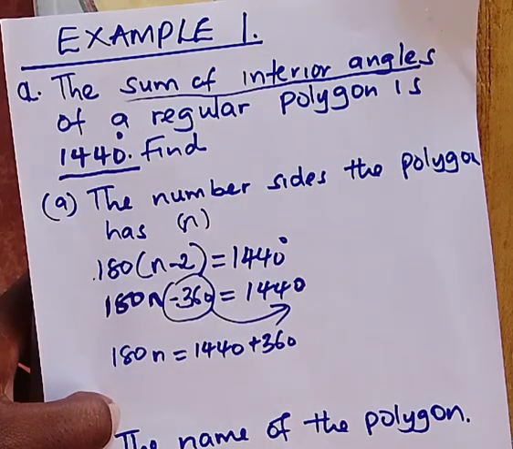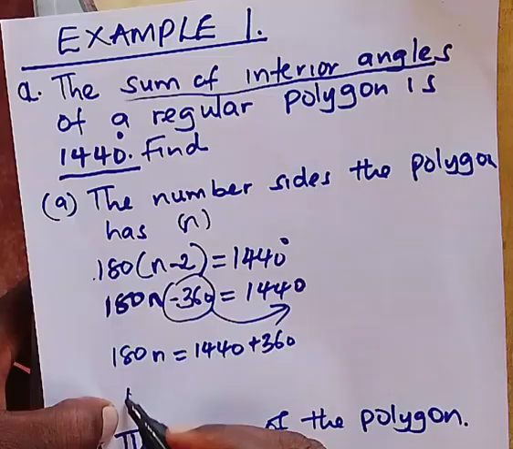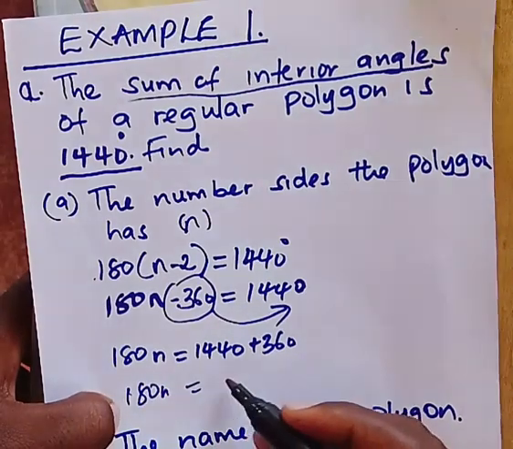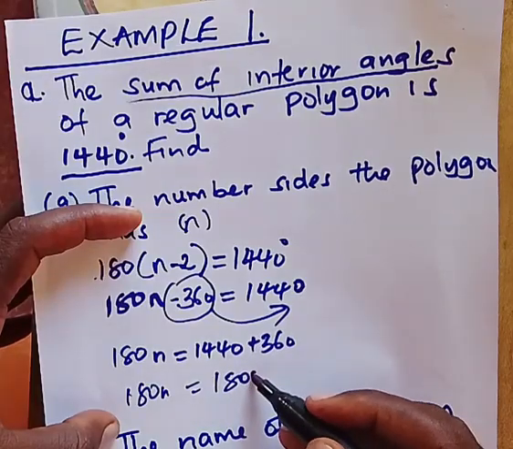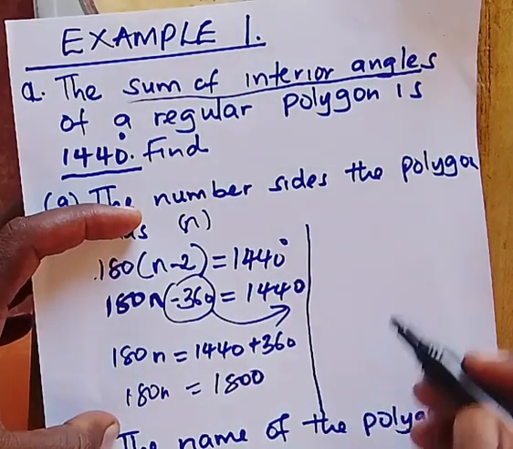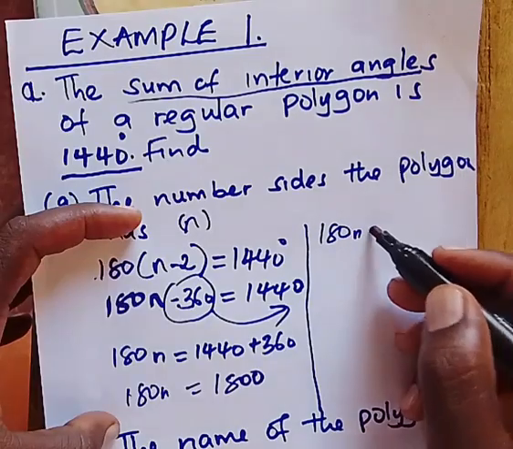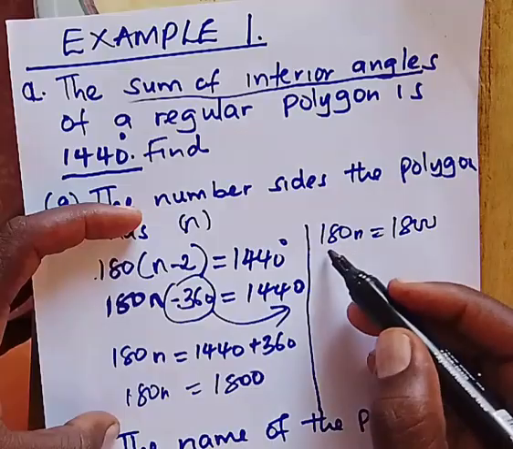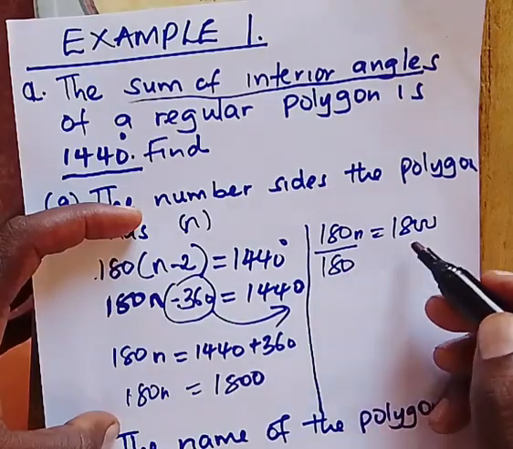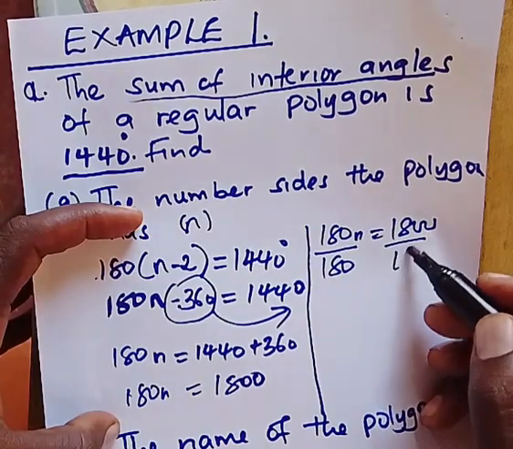So 1440 plus 360, and you are going to get 180n is the same as 1800. So 180n is equal to 1800. You want to remain with n here, so you divide by the coefficient, which is 180, then divide by 180.